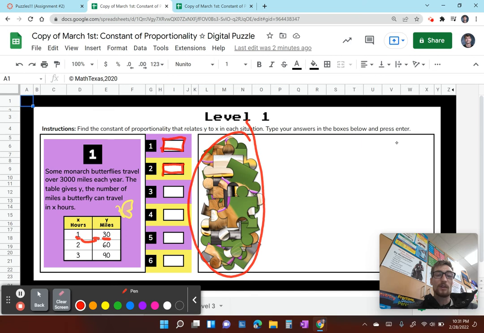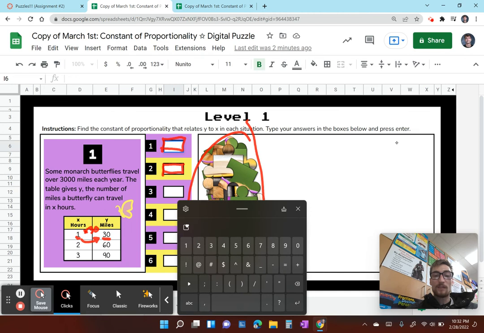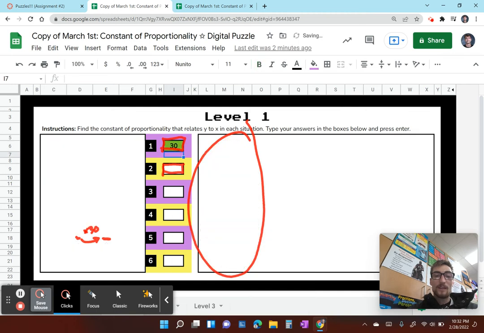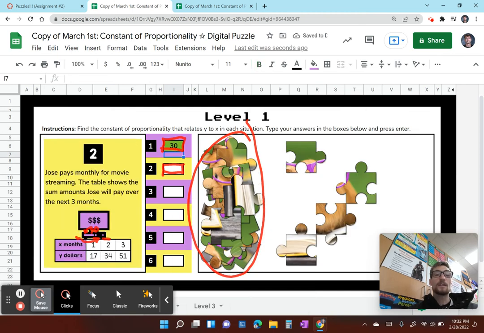How do we go from 1 to 30? Well, we have to multiply by 30, right? So we just go to our first box and type in 30. That's our unit rate, 30 miles per 1 hour. If we multiplied 2 hours by 30, we get 60. If we multiplied 3 hours by 30, we get 90. So that makes sense. And it gives us a few puzzle pieces.